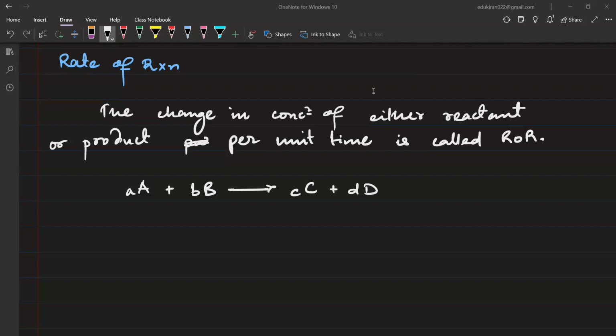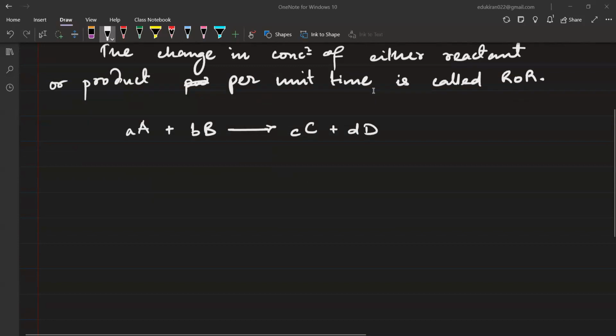So please see, if I talk about A, I need some answers, so please keep your mic on. All of you, I need answers quickly. The concentration of A. So A is a reactant, yes or no? Yes, sir.